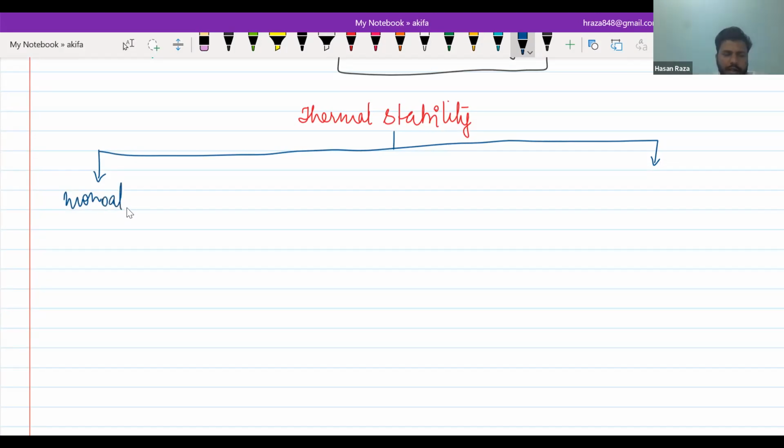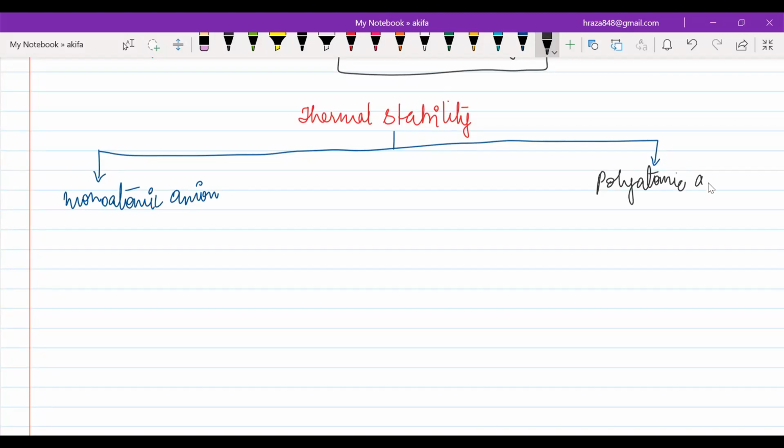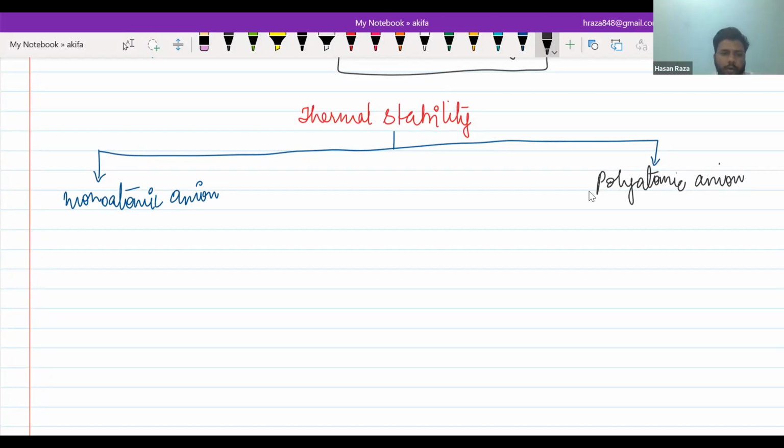So if there is a monoatomic anion, you can easily recognize which is monoatomic and which is polyatomic, right? Yes. Monoatomic anions are O minus 2, N minus 3, F minus, Cl minus, Br minus, I minus.